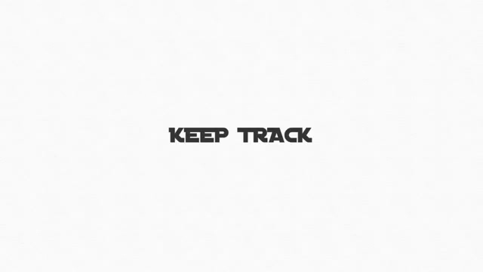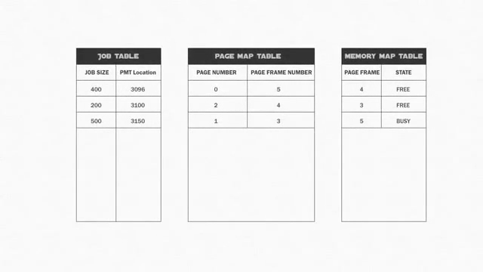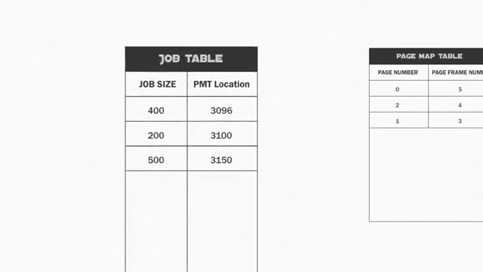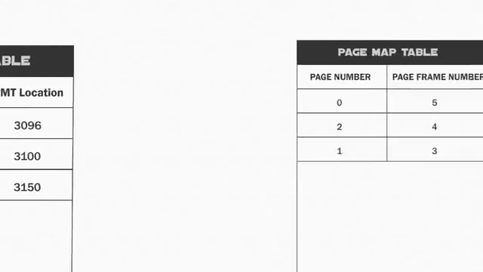We need a way to keep track of all the page locations, which increases complexity in the operation. Through the use of 3 tables stored in the part of the main memory, we can keep an eye on locations of various jobs. The job table is a dynamic list that contains 2 values, the size of the job and the page map table location of that job.